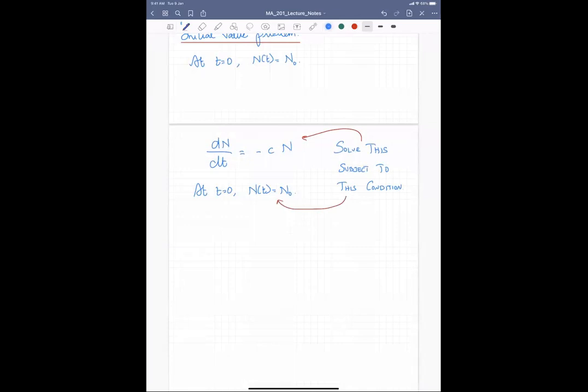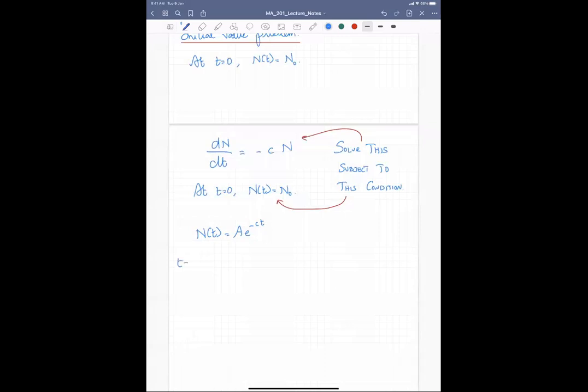So this is how you typically solve an initial value problem. If I have to impose this condition, what will I do? Well, I'll take my general solution, which is n of t is a e to the minus ct. And then I will basically demand that at time t equal to 0, this fits this condition.